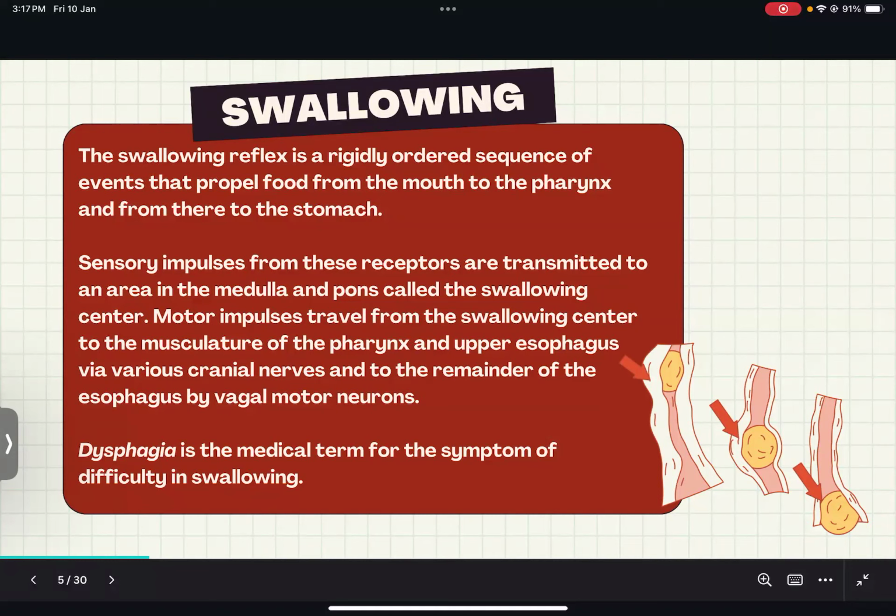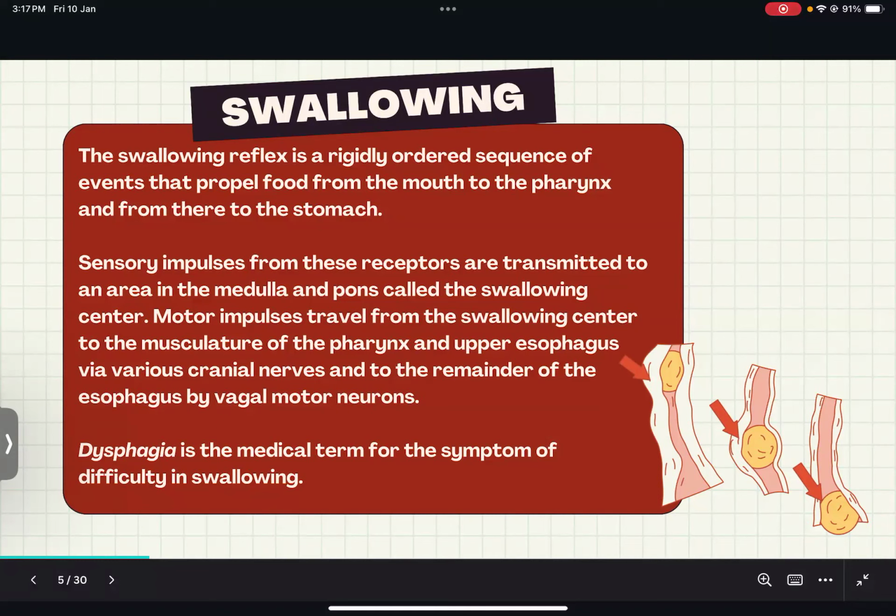Wait, I'll check if I can write. I don't know how, it's okay, I'll just use the cursor. So bolus in mouth, bolus moves through pharynx and upper esophageal sphincter, and then bolus enters the esophagus.